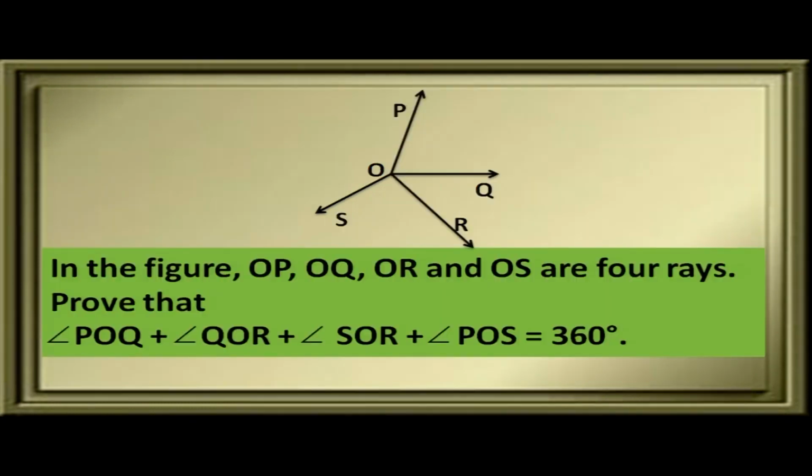In this case, OP, OQ, OR and OS are 4 rays. Prove that angle POQ, QOR, SOR and POS, the sum of these 4 angles is equal to 360 degrees.